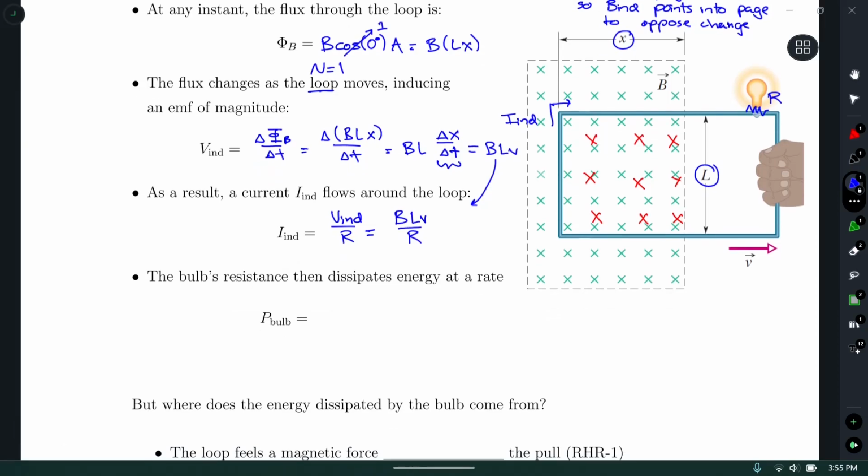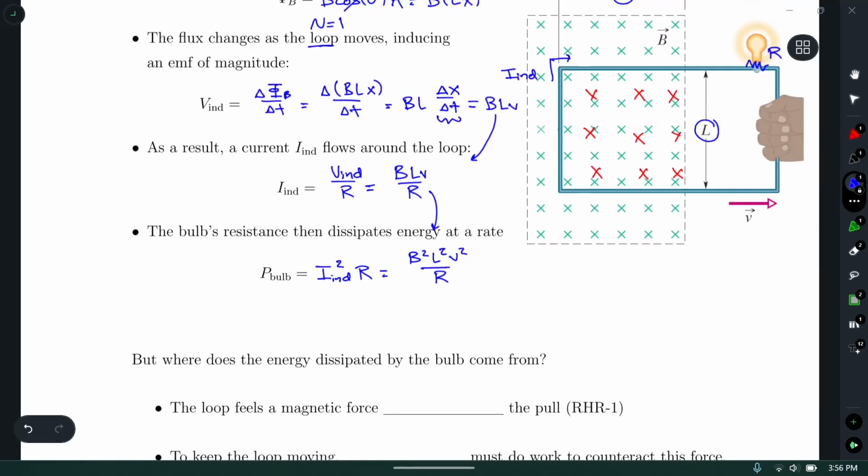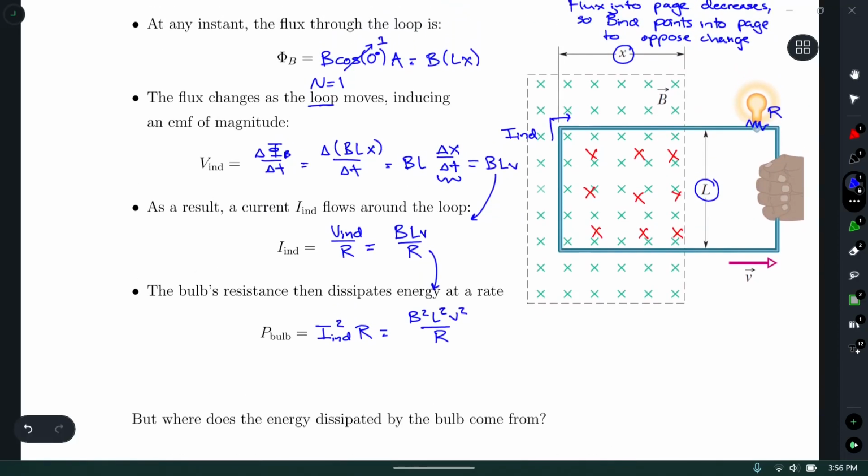And so the power used by the bulb, which is the rate at which energy is delivered to it, we can write as current squared times resistance, just like usual. I'll put this in for the induced current, and after some simplification, I will get B squared, L squared, V squared over R.